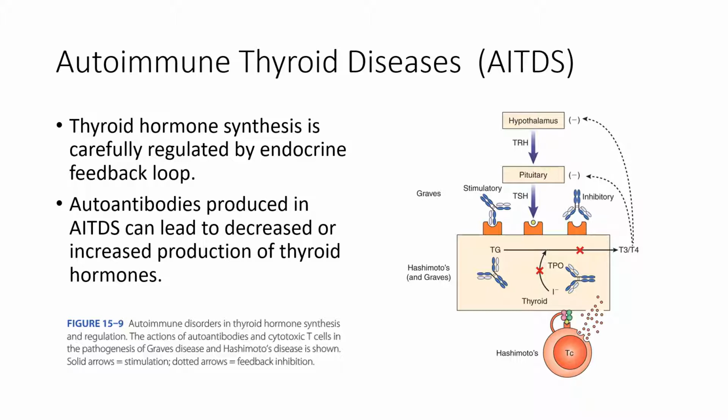So, if you have an autoantibody that's produced in the process here, either in the negative feedback loop or in the production, you can move them from hyper to hypo, depending on the specificity of that autoimmune disease and where it has a problem in the process.